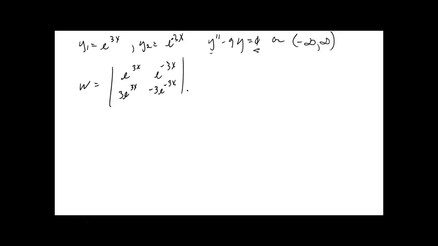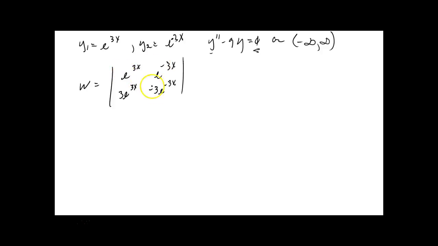Now we take a determinant of that. Anyone remember how to do a determinant? It's the main diagonal, the product of those, minus the product of the up diagonal, or the other one. Okay?